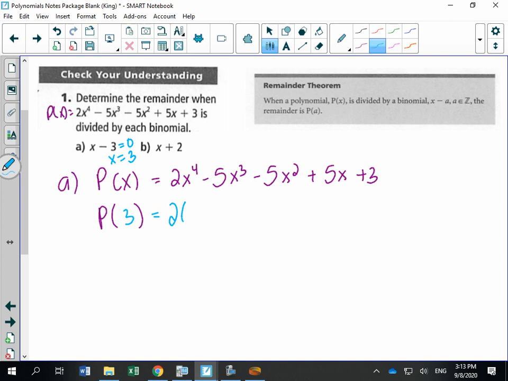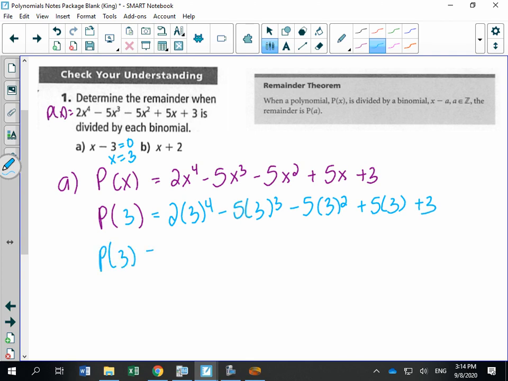So this would be 2 times 3 to the power of 4 minus 5 times 3 to the power of 3 minus 5 times 3 squared plus 5 times 3 plus 3.